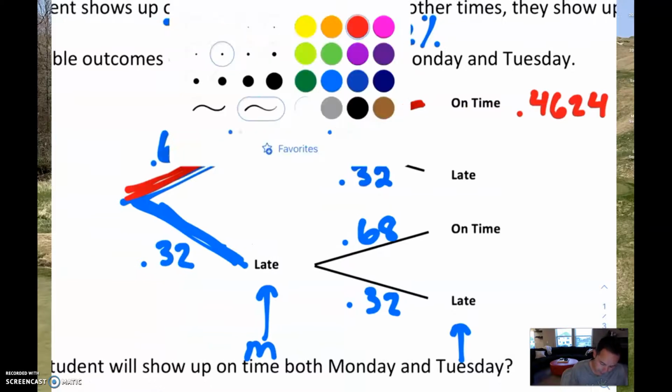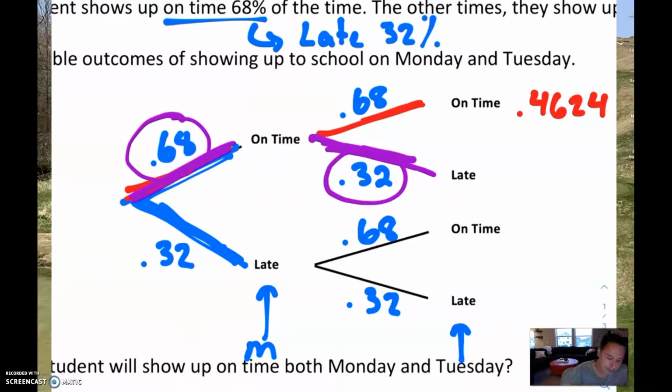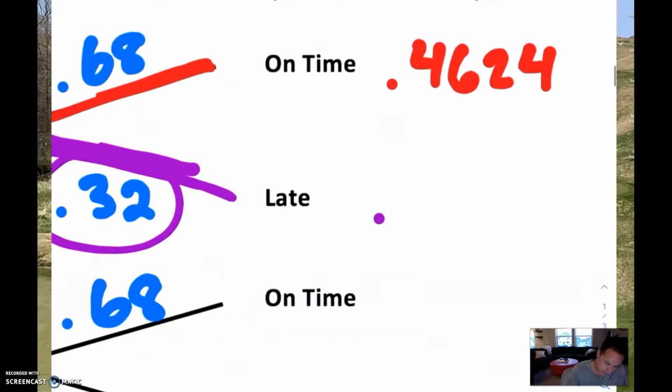So if I want to find this next one, they're on time on Monday, but then they're late on Tuesday, we would take 0.68 times 0.32, which gives us 0.2176.